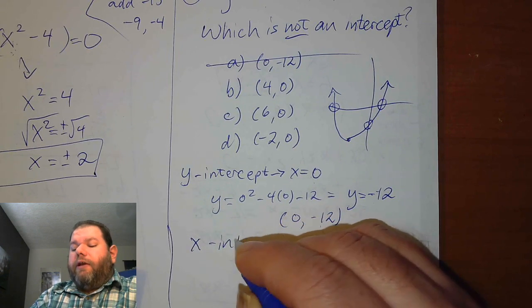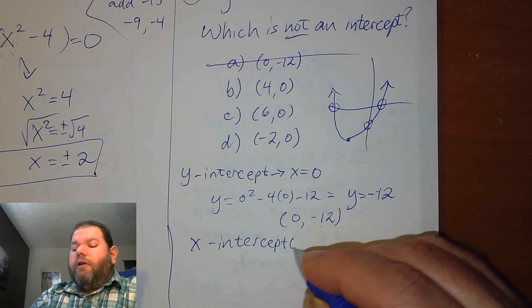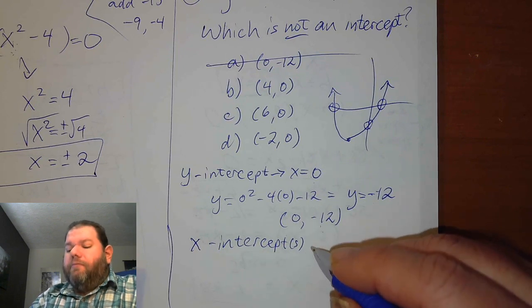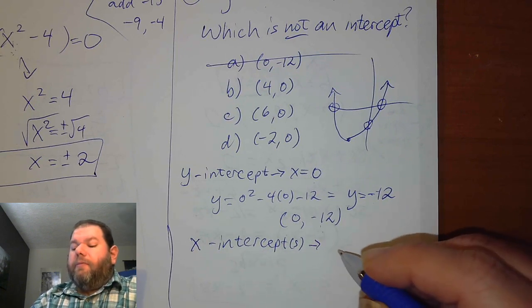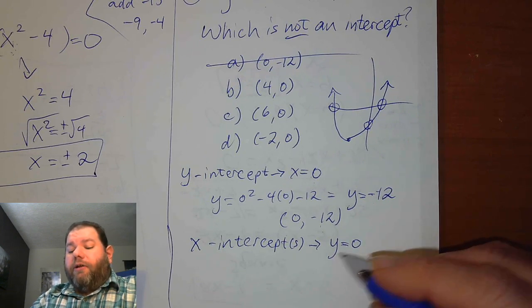So now we look at the x-intercept, and again that may be plural in this case. If we're trying to find the x-intercepts, then we'll plug in y equals 0.